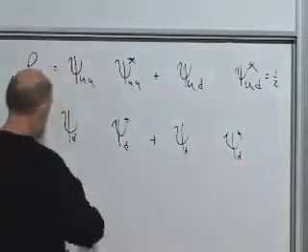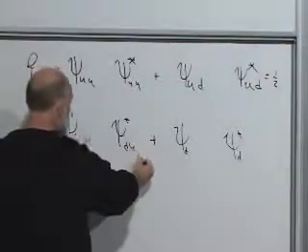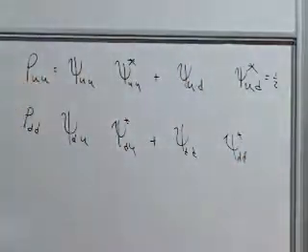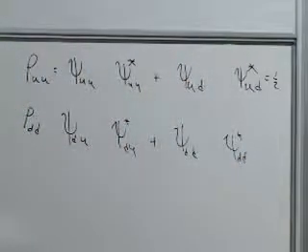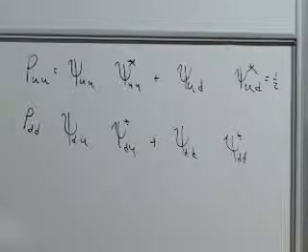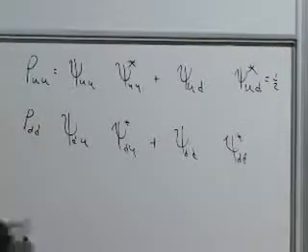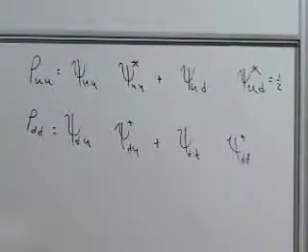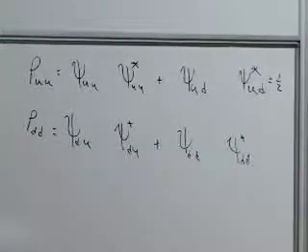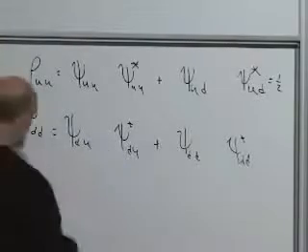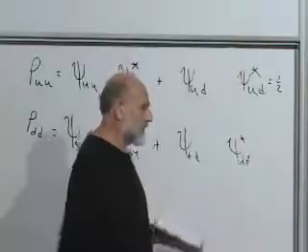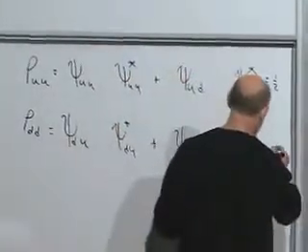But then you fill in up, up, down, down. Do I have this right? Yeah. Okay. What is psi down, up? That's minus 1 over square root of 2. It's squared. So again, we get 1/2. And down, down is 0, and down, down is 0. So this is again 1/2.